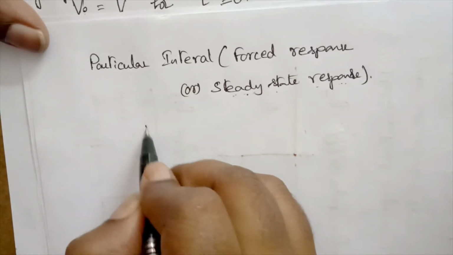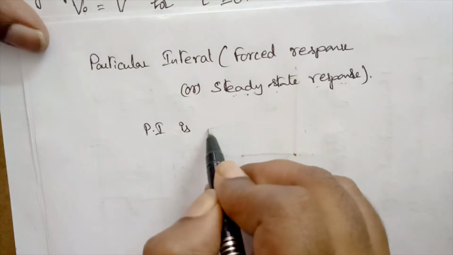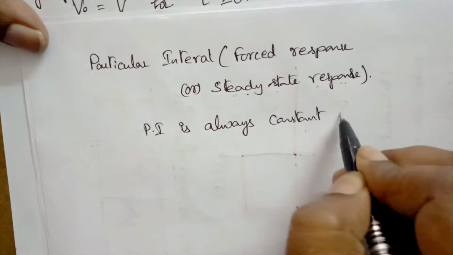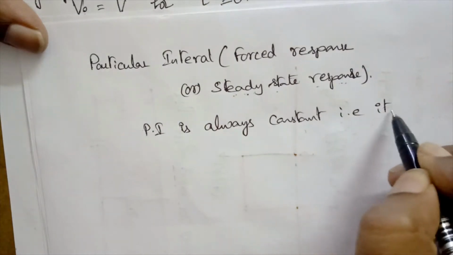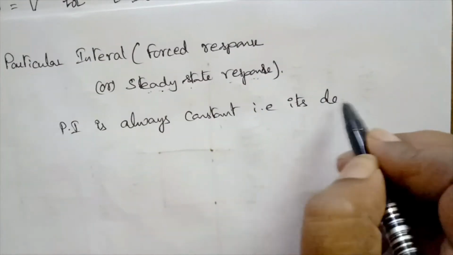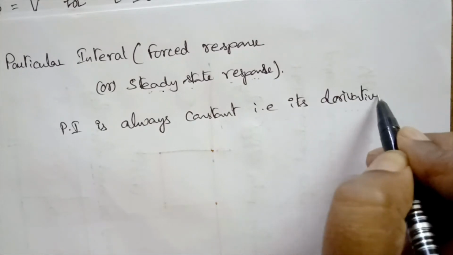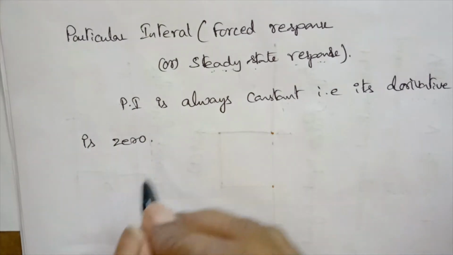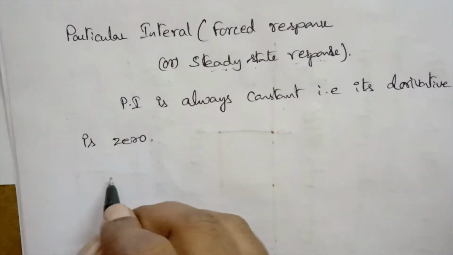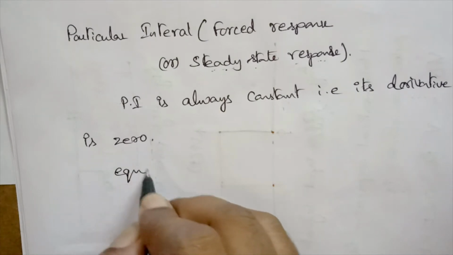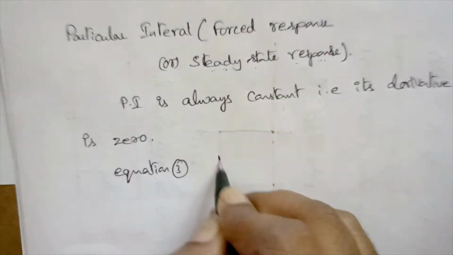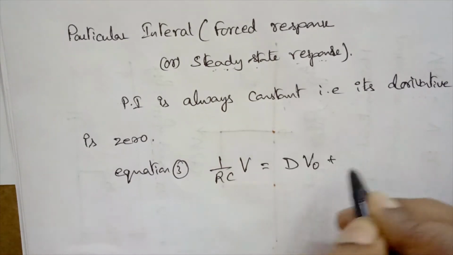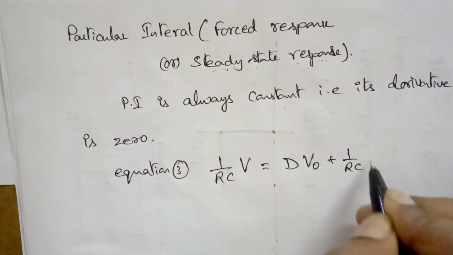So the particular integral is always constant. That means its derivative is 0. So I write equation 3 as 1 by RC into V is equal to D V0 plus 1 by RC into V0.